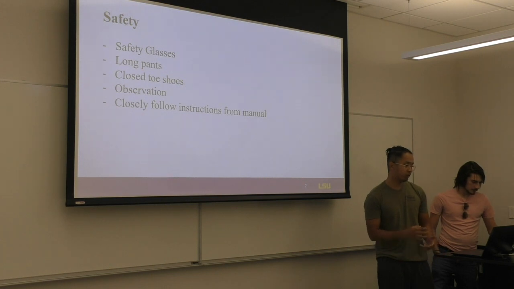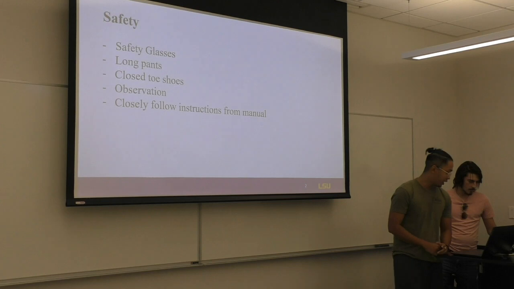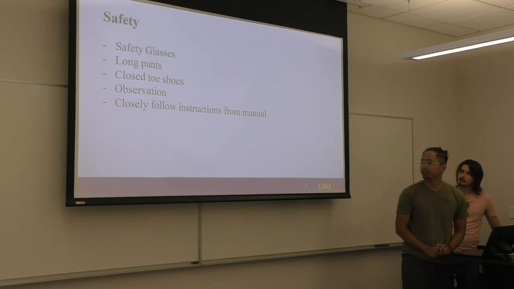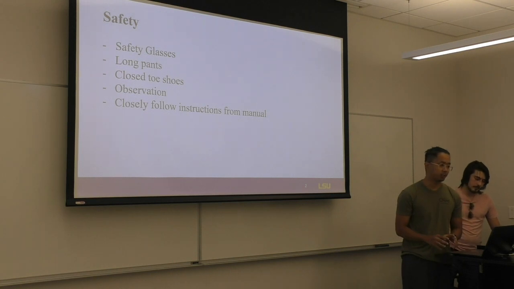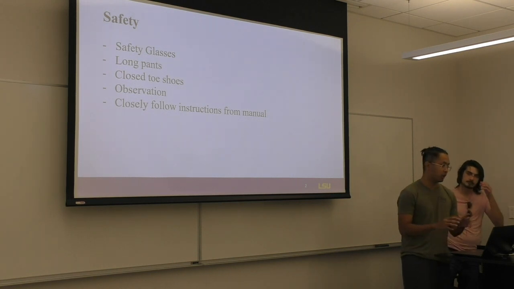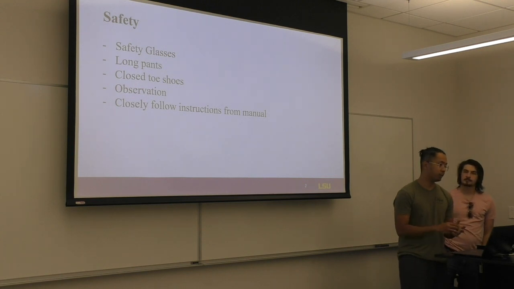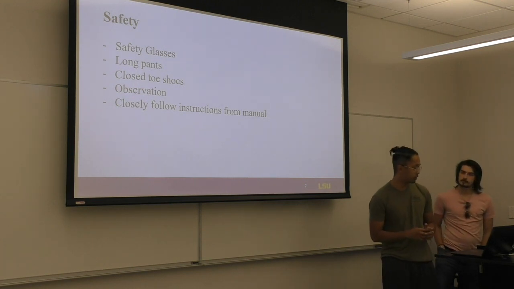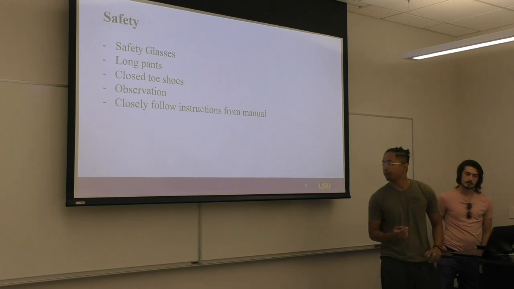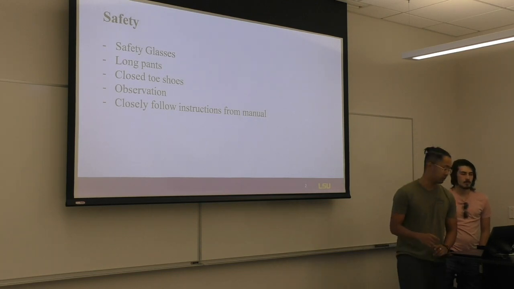And if you want to protect your upper body, such as your arms, you can wear long sleeves or jackets. And I put observation there because even though your other teammates are doing the experiment and putting their hands on the equipment, you have to watch them, because if they're doing the experiment incorrectly, it can potentially harm them and harm you. And closely follow the instructions from the manual.